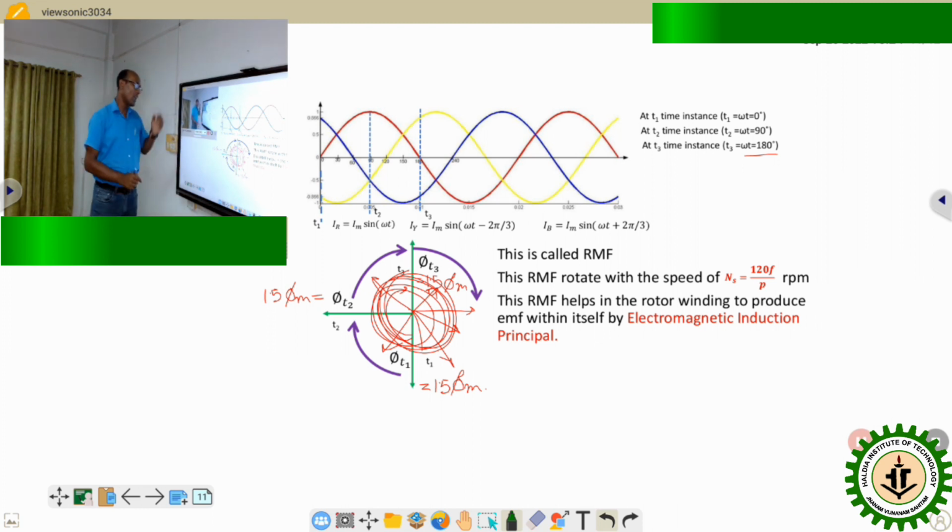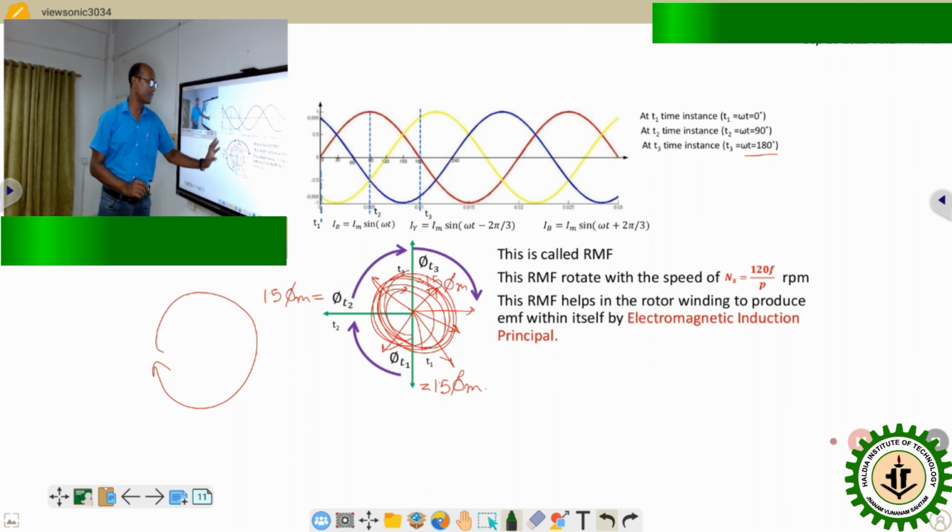And if the rotor follows that magnetic field, it tries to orient itself towards it, and it also tries to rotate in the same direction as the rotating magnetic field.